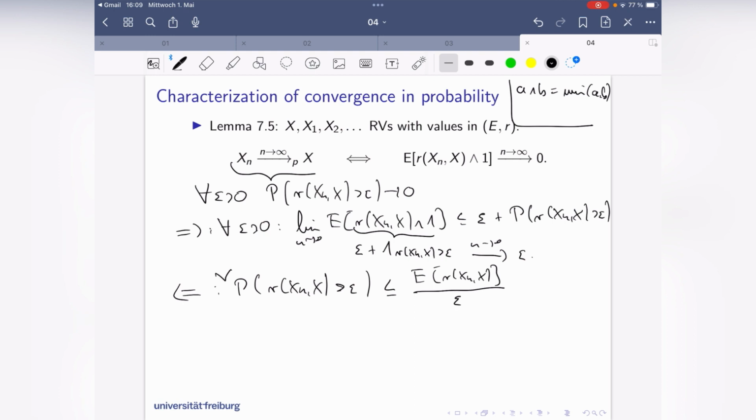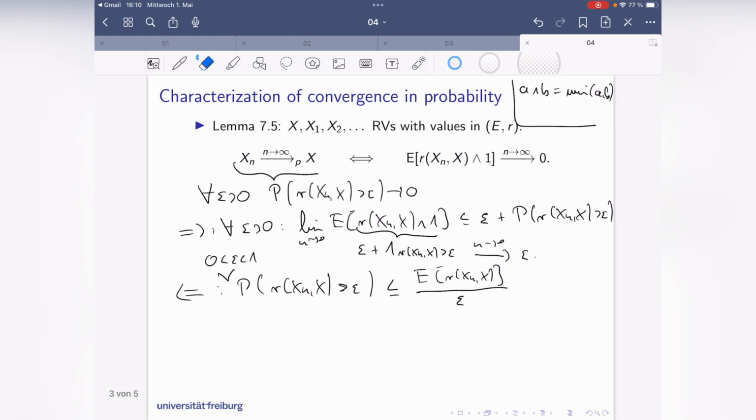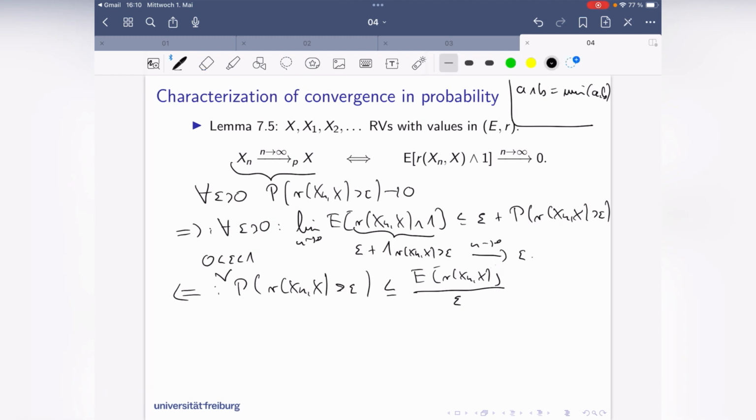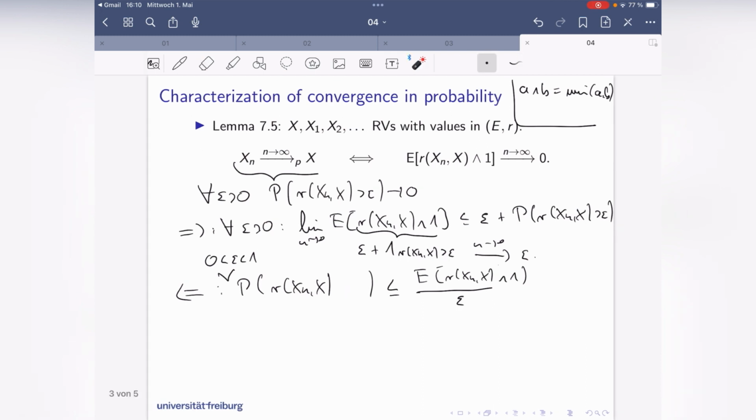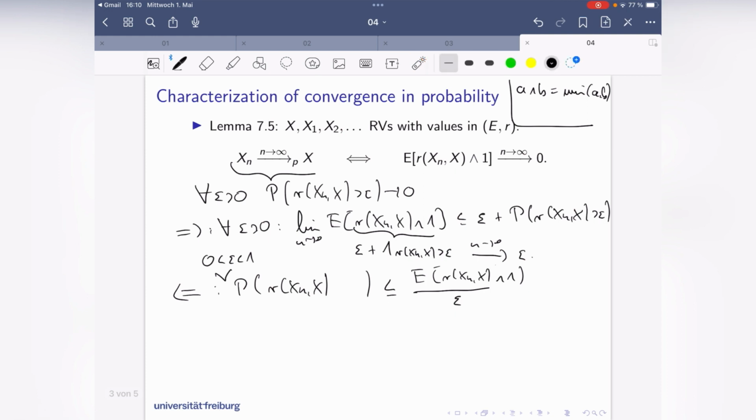And if I use 0 smaller than epsilon smaller than 1, I can also add minimum 1 here, because this is bigger than epsilon if and only if this minimum 1 is bigger than epsilon, if epsilon is smaller than 1.